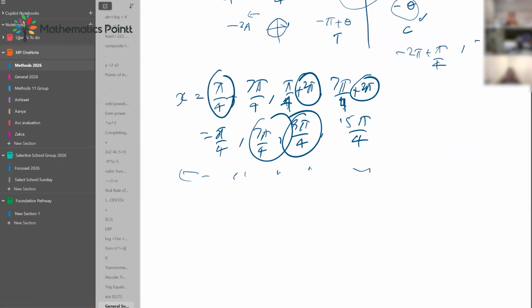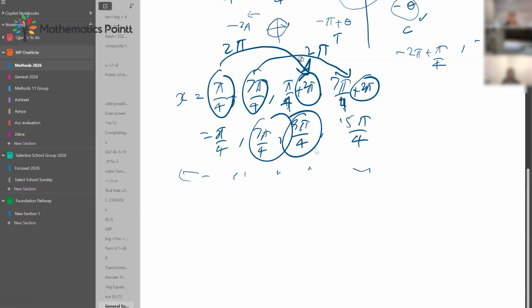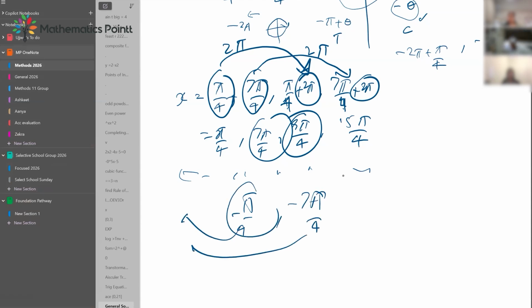If I'm here, I'm adding 2 pi to get to the next point. Similarly, it will be on the other side as well. So if I go minus pi on 4, minus 7 pi on 4, right? You keep subtracting. It's still a multiple of 2 pi's.